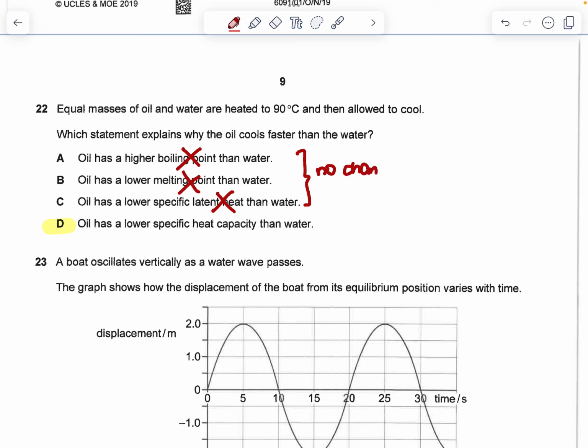There's no change in state. It's just being heated up, it's not being boiled. So oil has a lower heat capacity than water, because heat capacity c is actually the change of its internal energy per unit mass for each unit change in temperature. Q over m change in theta.